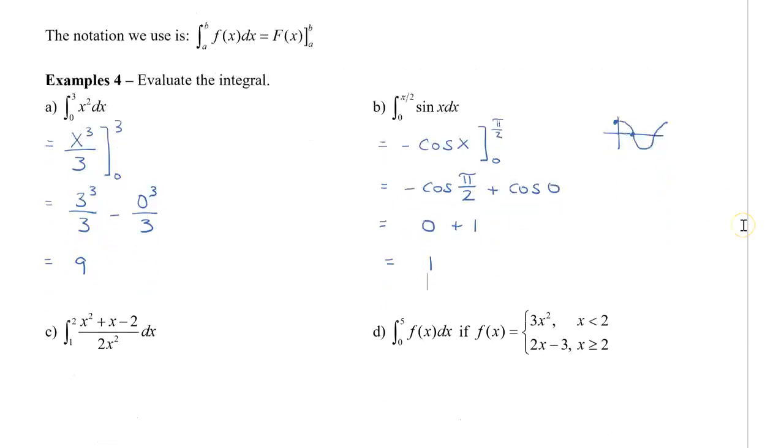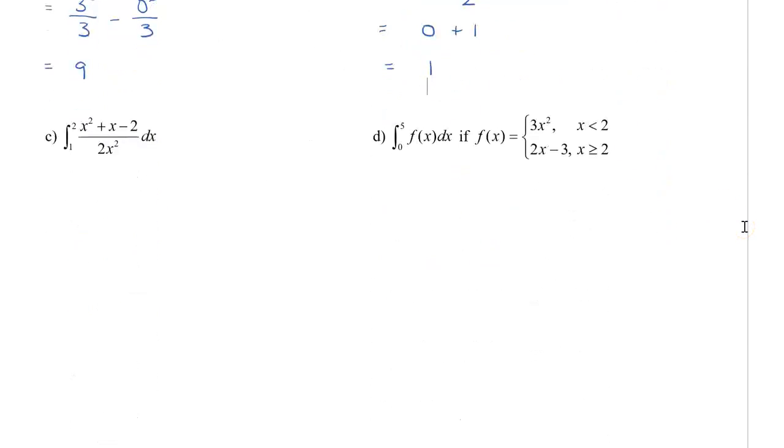All right, let's take a look at a couple more. This next one is probably going to be easier if we divide each of the numerator terms by x squared. I'm also going to take the 2 that's in the denominator and move it in front of the integral sign. So now I have a half. Remember, the 2 is in the denominator, so that's why it's going to be a half.